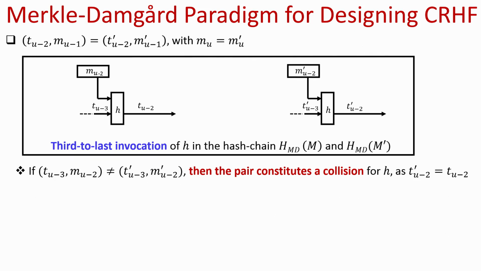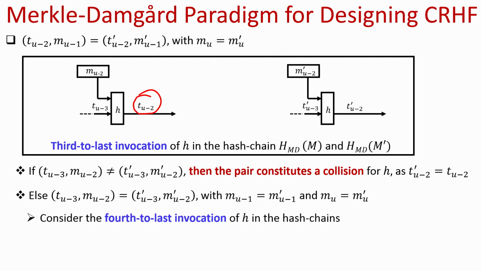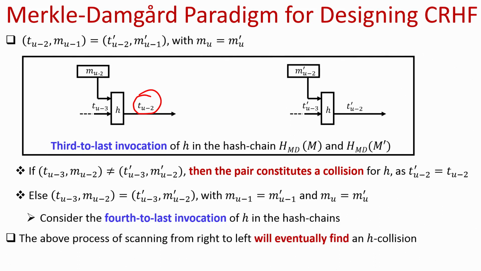If they are not, then this instance of h creates a collision for the little h function, where we have a pair of inputs which are different, but the outputs, namely t dash sub u minus 2 and t sub u minus 2, are the same. But if not, then again we have to go to the previous invocation of the little h function in the respective hash chains, and so on.